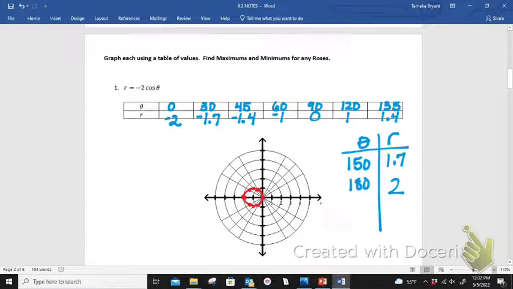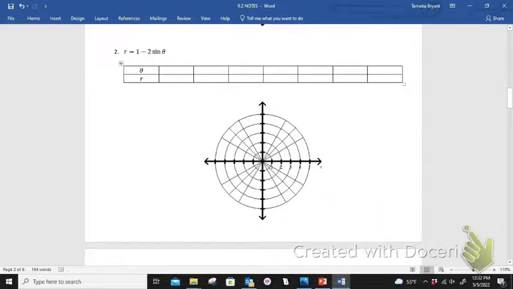All right, so what is number 2 going to be? Let's look at number 2. Yep, a limaçon. And I am going to give you a handout tomorrow that'll show the different types of polars and how to recognize them too.